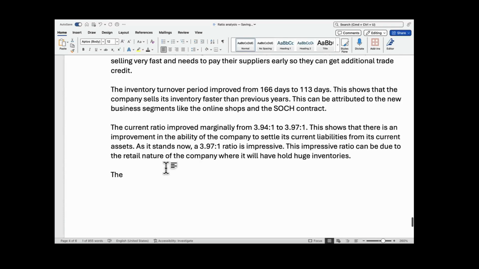So the quick ratio improved marginally from an unstable state of 0.82 to 1 to 1.06 to 1.